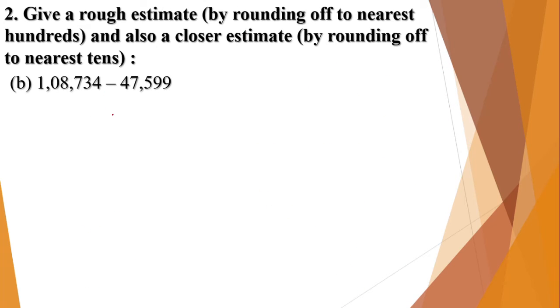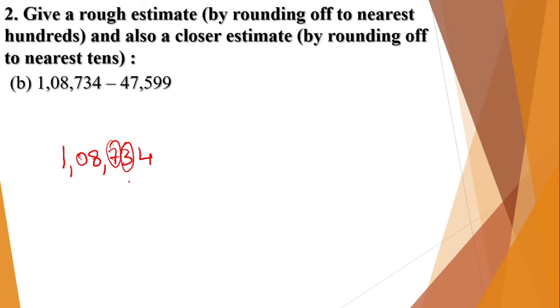Now in the next question also, first we should estimate to the nearest hundreds and then to the nearest tens. Now the first number which we have is 1,08,734. Now here we should circle 7 because it's in the hundreds place and circle 3 because it's next to 7.